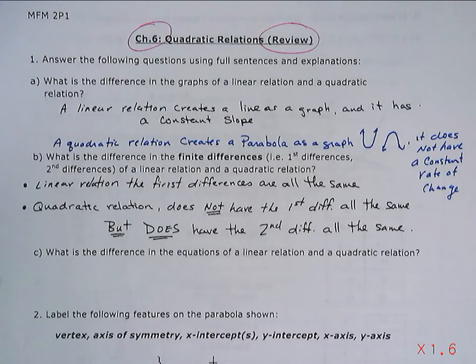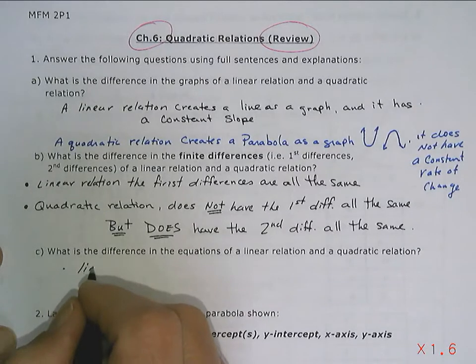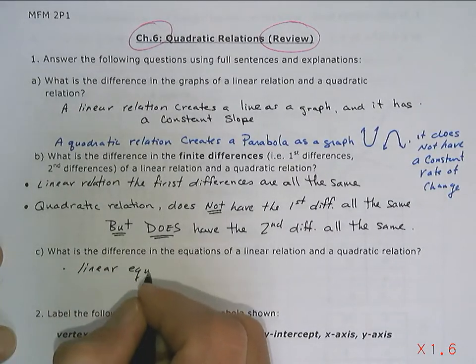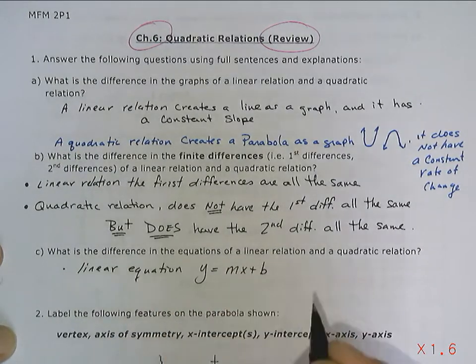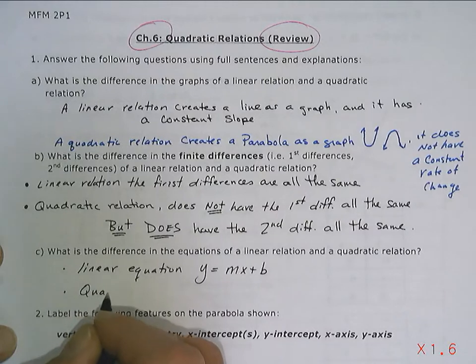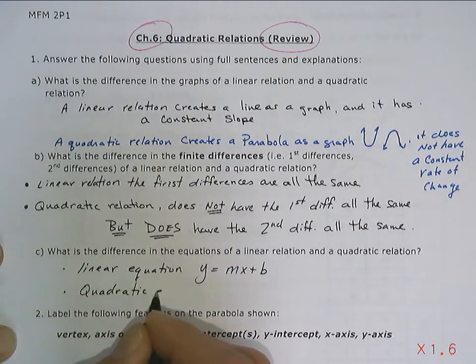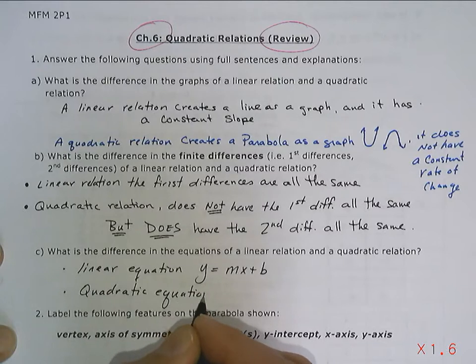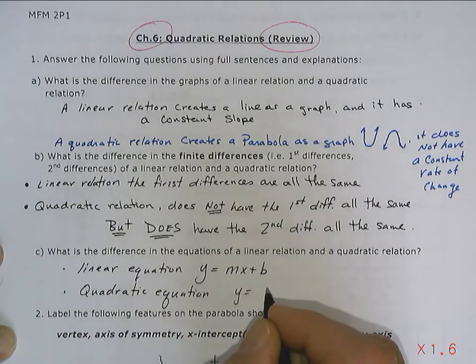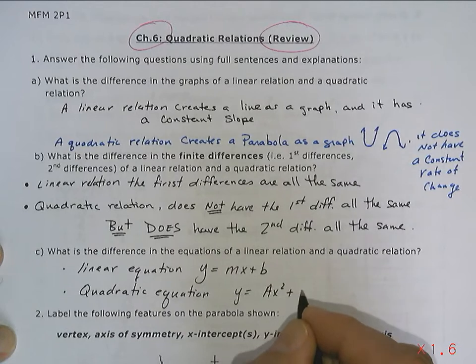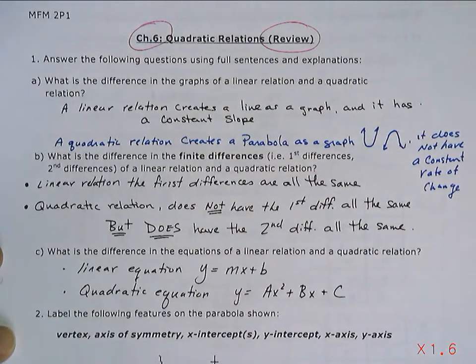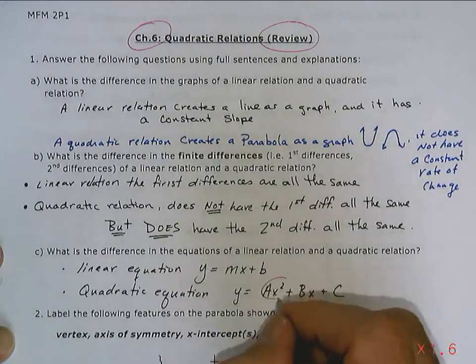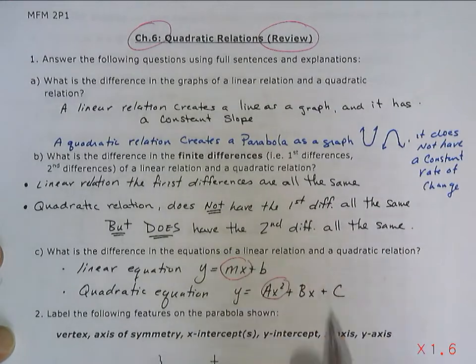C, what is the difference in the equations? Well, a linear equation looks like this. And a quadratic equation looks like this. And the difference is the degree of the variable term.